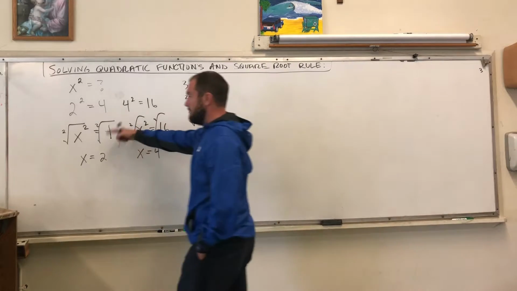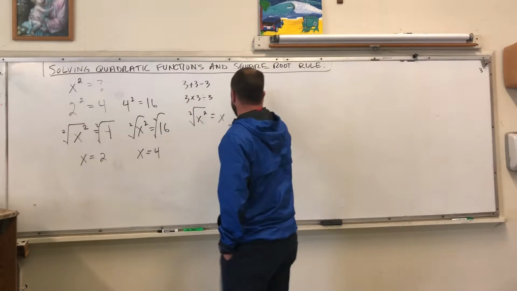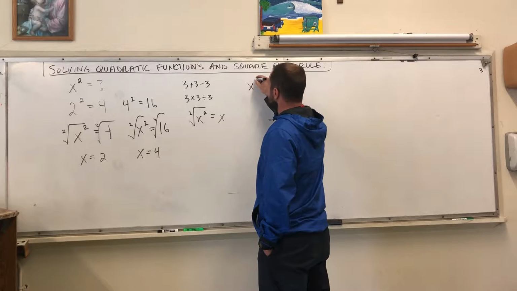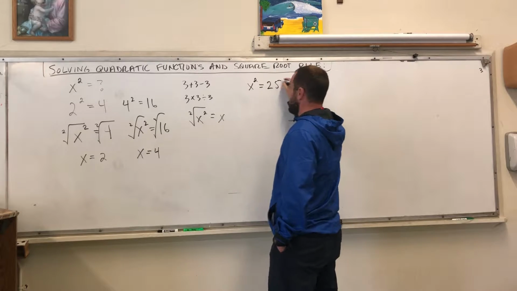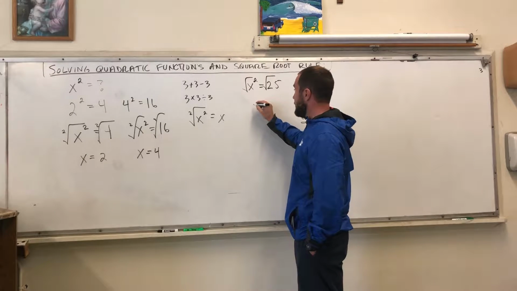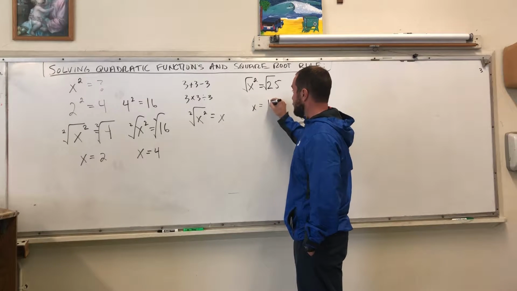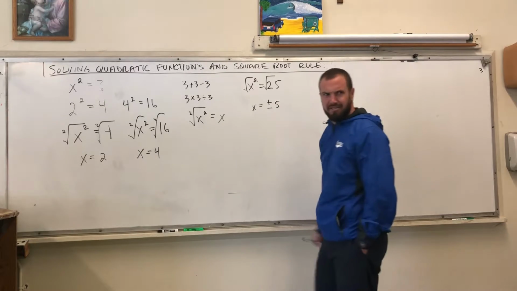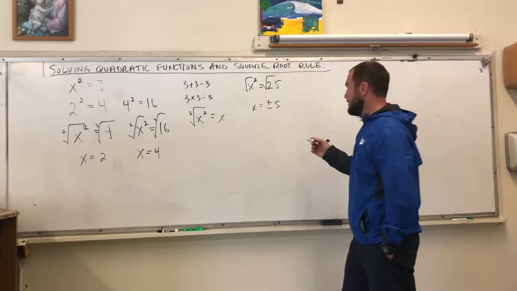Now what you'll see with some is, okay, x squared is equal to 25, let's say. And then you take the square root, and you'll see x is equal to plus minus 5. Plus minus 5. What is that?